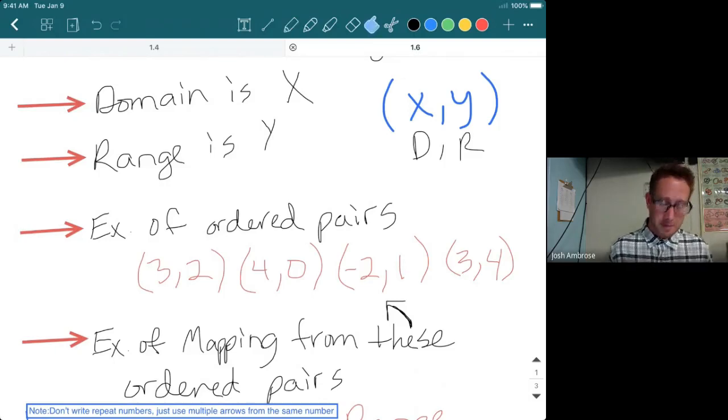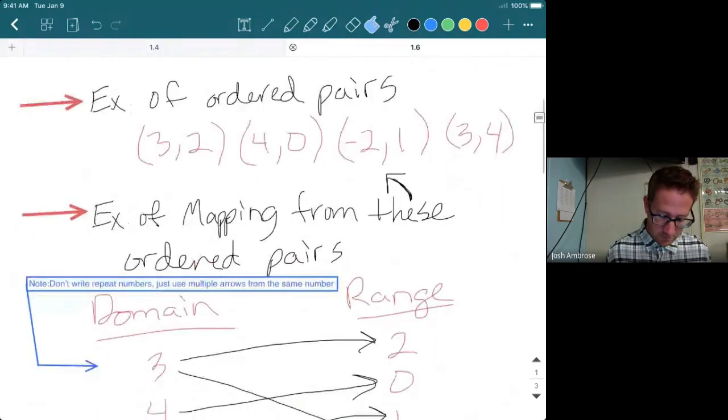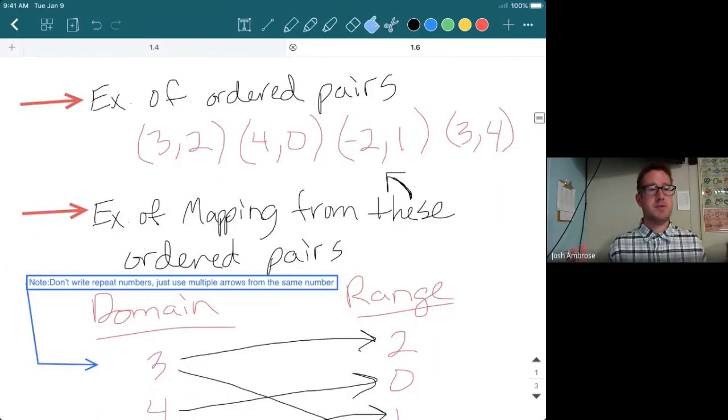Okay, now let's move into some very basic review. These are just simple examples of ordered pairs. You've got (3, 2), (4, 0), (-2, 1), and then (3, 4). So those are examples of ordered pairs. And then if I were to ask you, what are all the domains? All the domains are every x value.